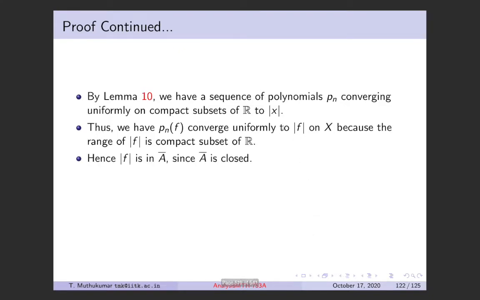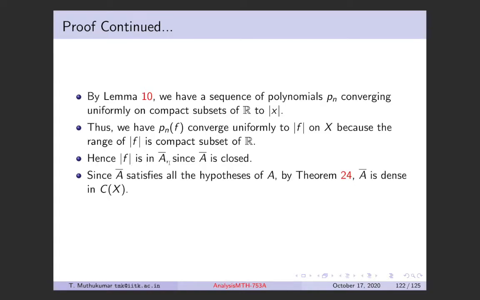Since A bar is closed, mod f has to be in A closure, right? So mod f belongs to A bar. Now A bar satisfies all the hypotheses of the previous theorem, that is all the conditions plus the lattice condition as well. So A bar is dense in C(X). So that way A bar, the closure, is C(X), which means A is dense in C(X).